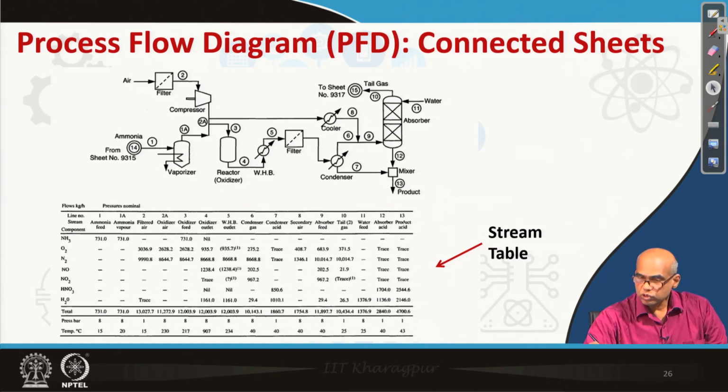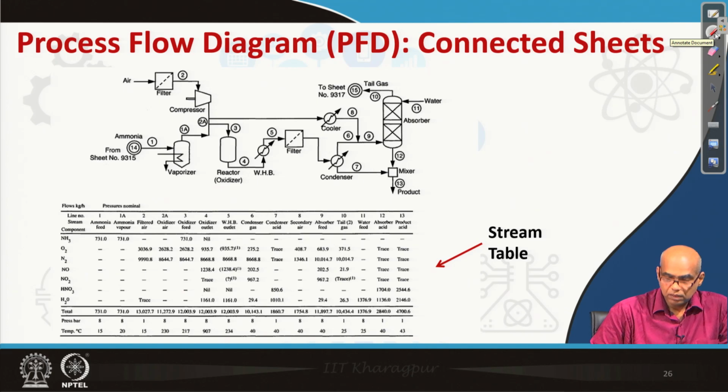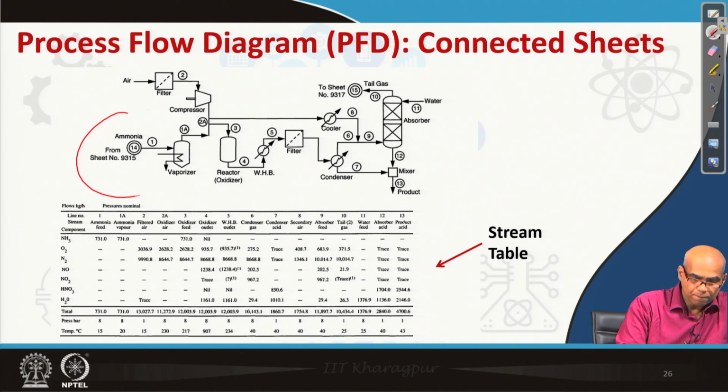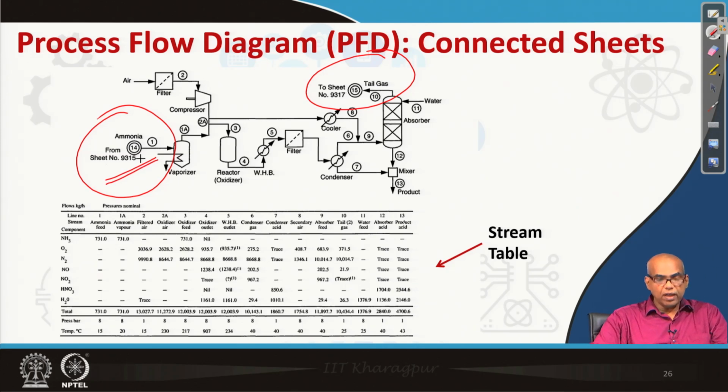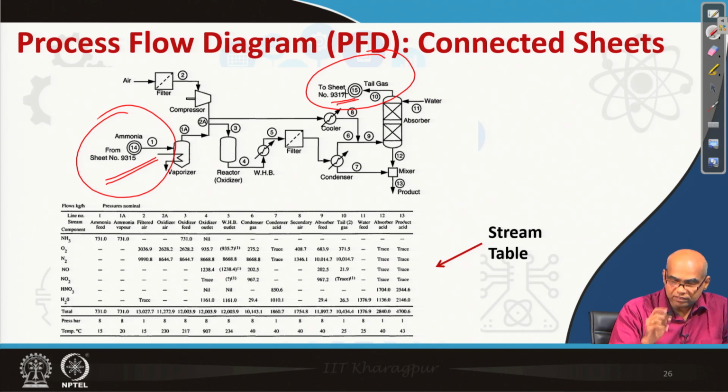So, again here you see is a part of a complete process flow sheet, and look at here and look at here. So, this comes from sheet number 9315 and this goes to sheet 9317.